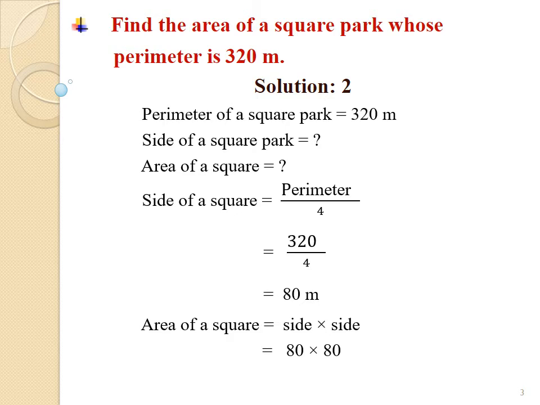Now, multiplying 8 by 8 and writing total number of zeros in the product, we get 6,400. Thus, the area of a square park is 6,400 square meters.